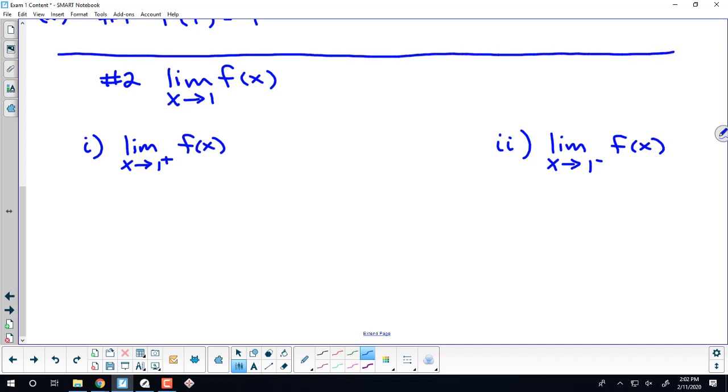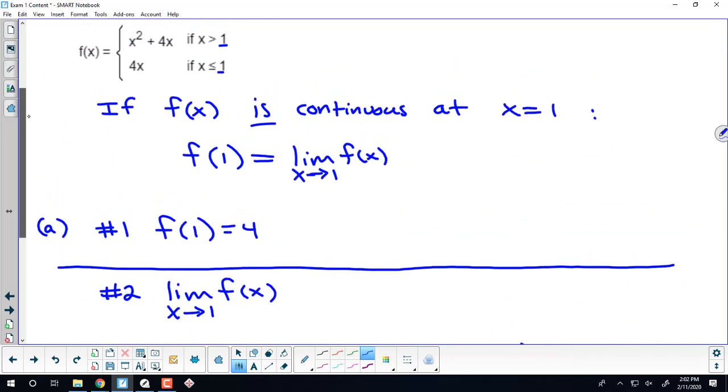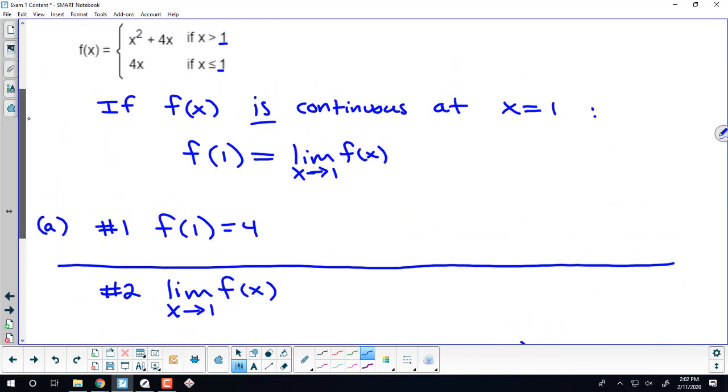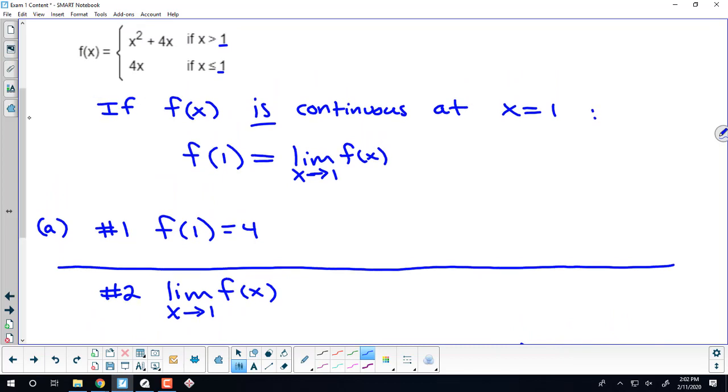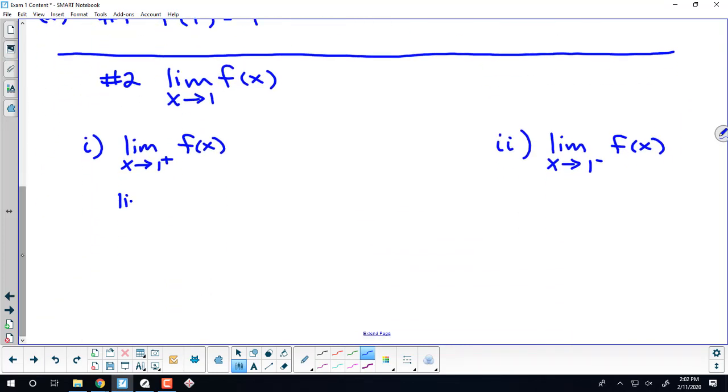Okay. So if we're approaching 1 from the right, on the function we're using which piece? First one. Yeah, x squared plus 4x. So this is the limit as x approaches 1 from the right on x squared plus 4x.